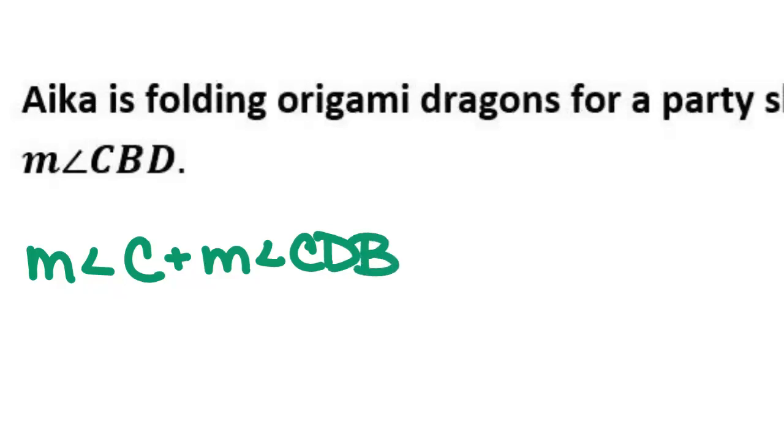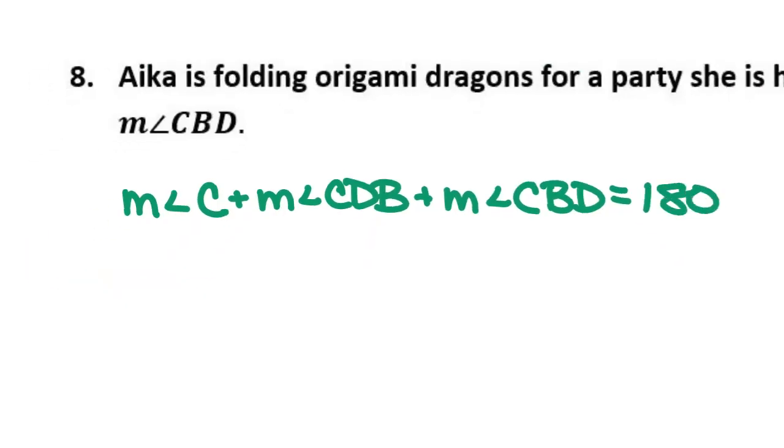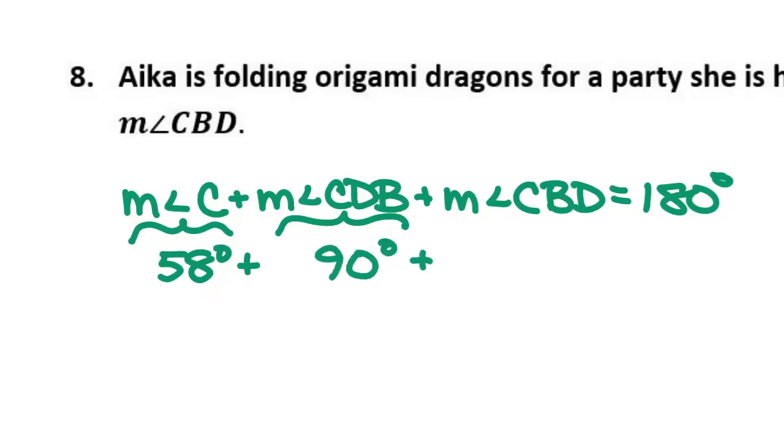Angle CDB is this one right here, plus the measure of angle CBD. We're going to set that equal to 180. In the place of angle C, we're going to put 58 degrees. In the place of CDB, we're going to put 90 degrees plus angle CBD. Equal that to 180.